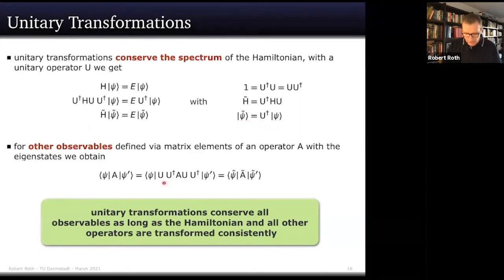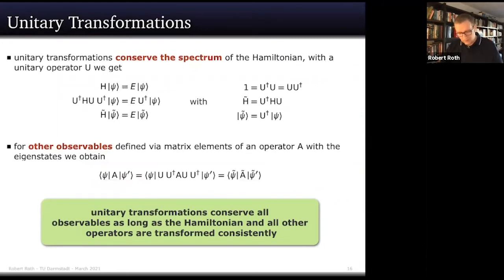And on the left side, I have the corresponding relation for the bra. That's just the Hermitian adjoint. So in the end, the whole relation collapses again to this. It's these transformed states, psi tilde, with the transformed operator A tilde, and there are equal signs in between. So this matrix element is the same as this matrix element.